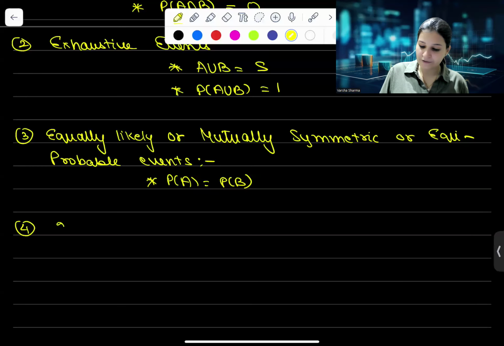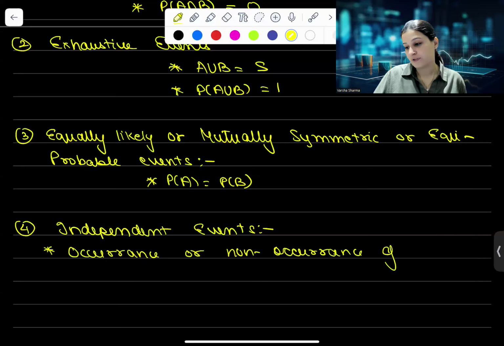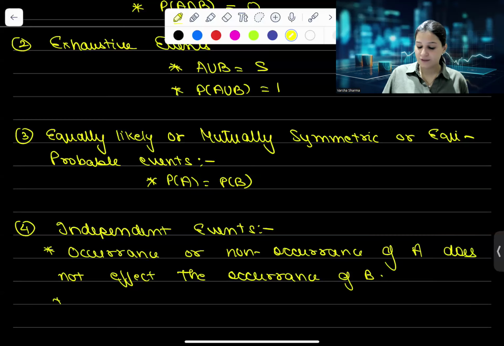Fourth, independent events. The occurrence or non-occurrence of A does not affect the occurrence of B. That means if you want A and B together, they simply occur individually.